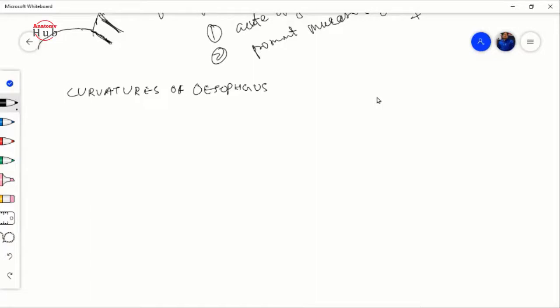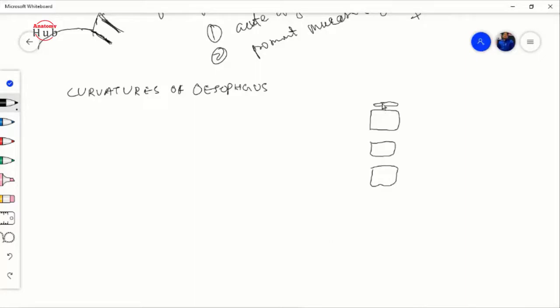Okay. That means if you see it in the diagram, here you will find the vertebral bodies. Suppose in this way, right? This esophagus is a flattened muscular fibrous tube that commences at the midline of the cervical region.